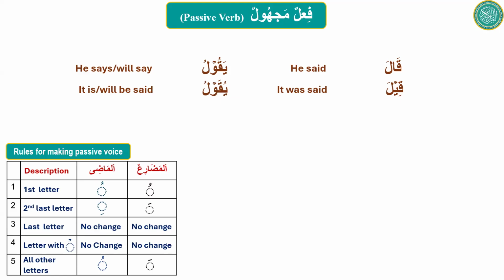They will not say yuqawlu. It's difficult on the tongue. Yuqalu. Because the language was developed first. The rules were derived from the language. The language is never made based on rules.